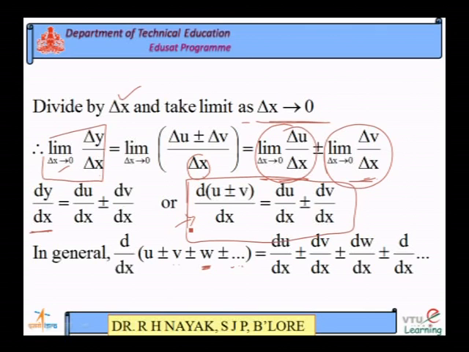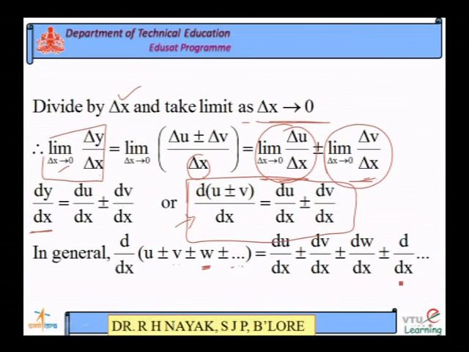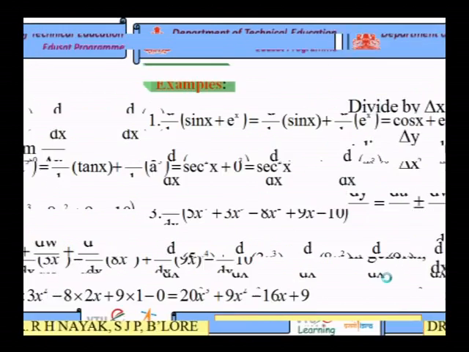You can differentiate all the terms which are in sum or difference individually, that is du by dx plus or minus dv by dx plus or minus dw by dx plus or minus, and so on. It can be extended for any number of terms if they are in plus or minus. See the examples.